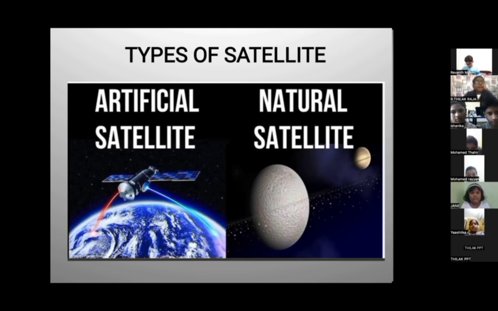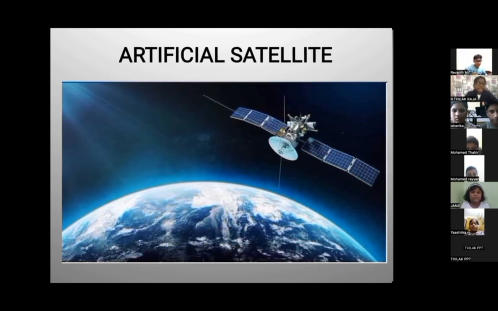Artificial satellites are man-made satellites. It's a machine that is launched into space and revolves around a body in space. An artificial satellite is a human-made object that is intentionally placed into orbit around a celestial body, typically the Earth.